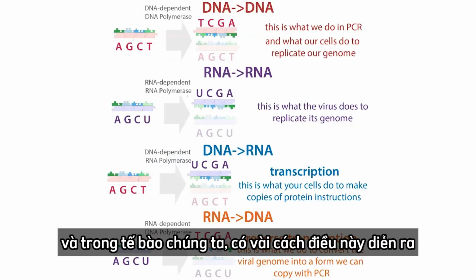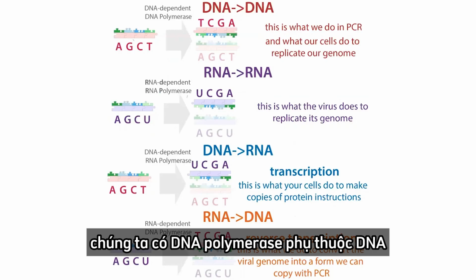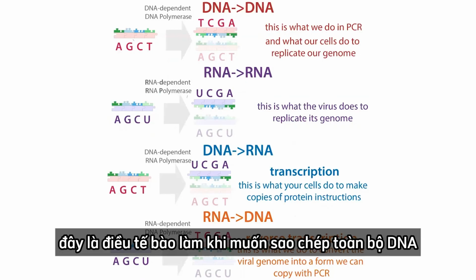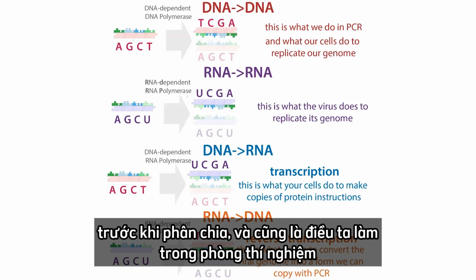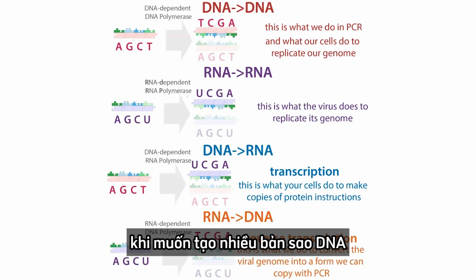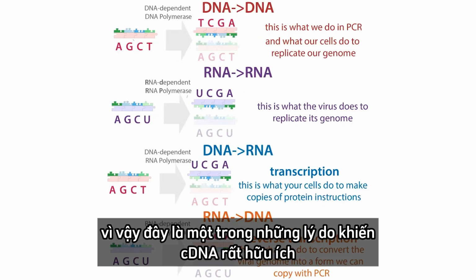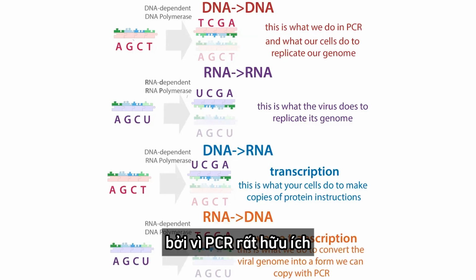And in our cells, we have a couple of ways this happens. We have a DNA-dependent DNA polymerase, which uses DNA to make a copy of DNA. This is what our cells do when we want to copy all of our DNA before dividing. It's also what we can do in the lab when we want to make copies of DNA with a technique called PCR. This is one of the reasons why cDNA is so helpful, because PCR is so helpful.